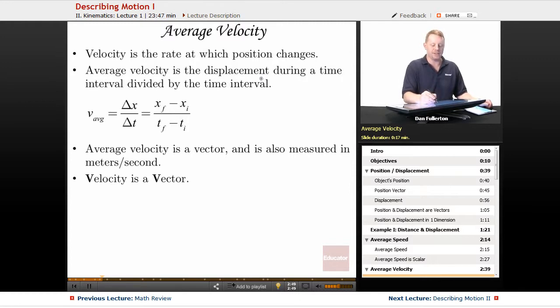Now, average velocity is the displacement during a time interval divided by the time interval, not the distance. So average velocity is a vector, it has a direction, but it also has units of meters per second, and they're awfully easy to confuse because they get the same symbol v. Velocity, v, is a vector. Speed, s, is a scalar, s.